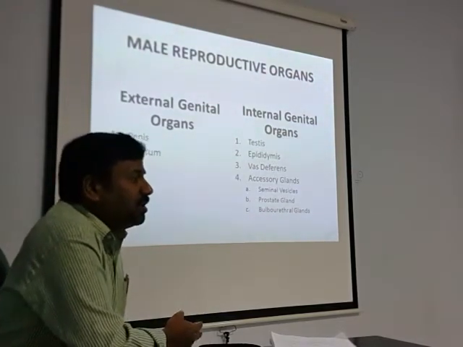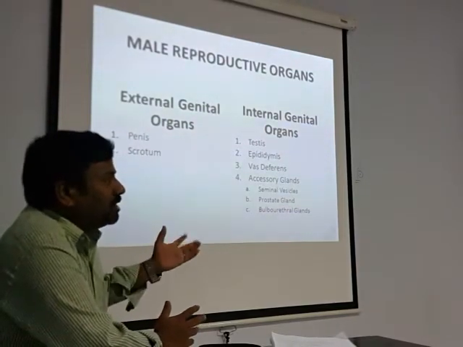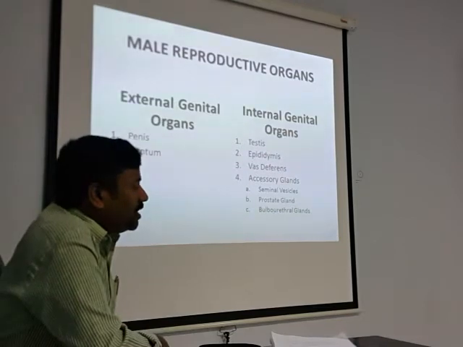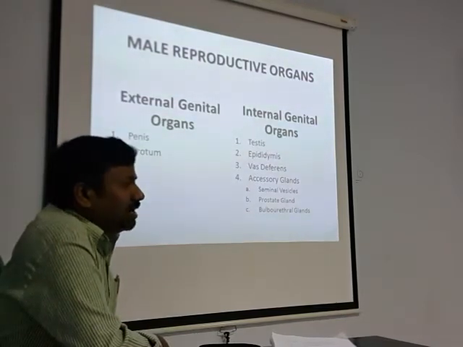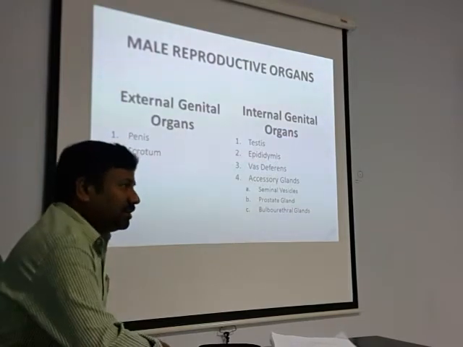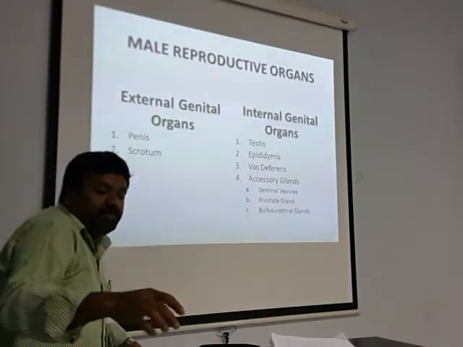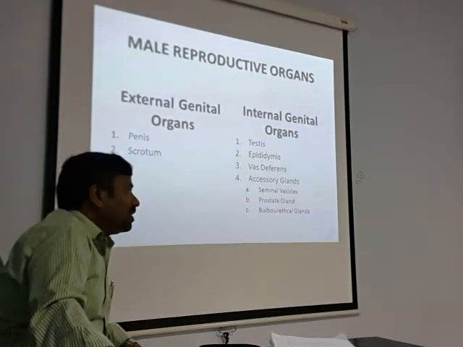They provide nutritional or protective support to the male gametes. These are the bulbourethral glands, the prostatic gland, and the seminal vesicles. Three sets of glands, then the organs. So let's look into these organs one by one.